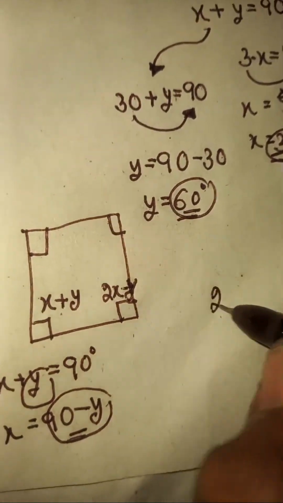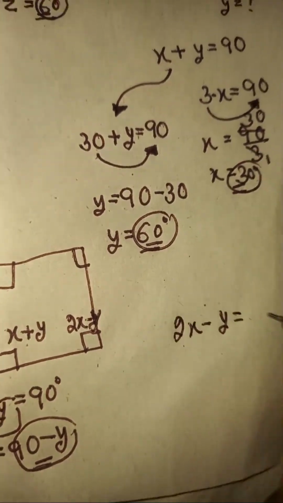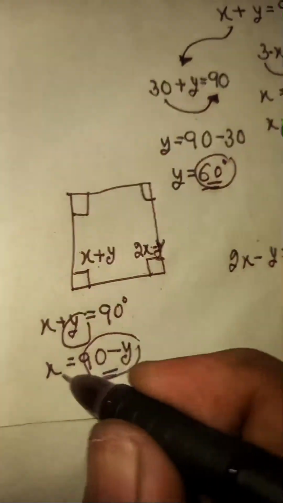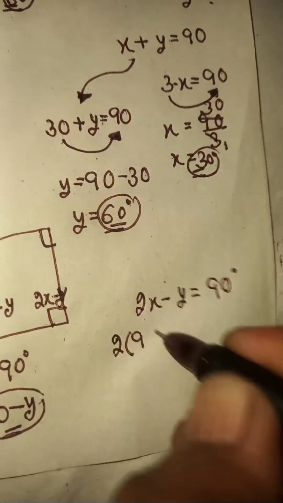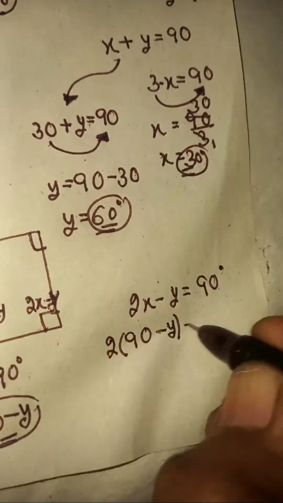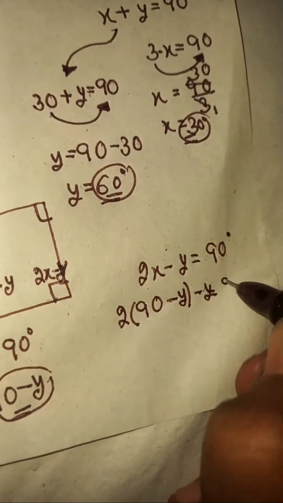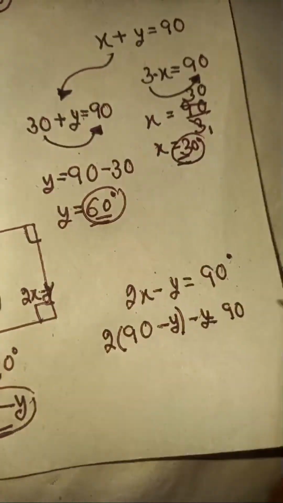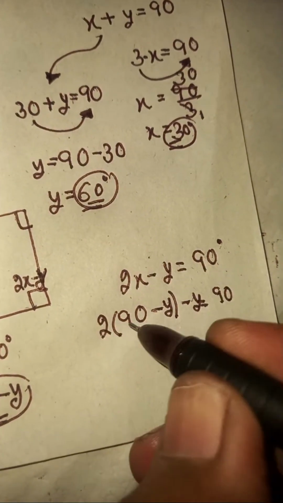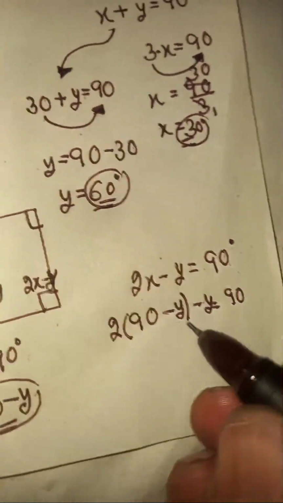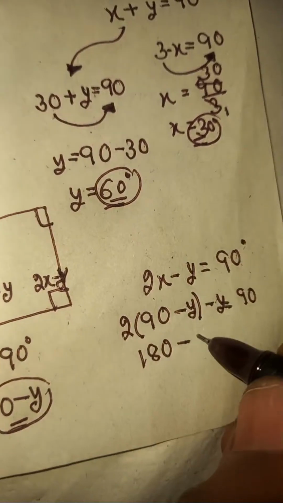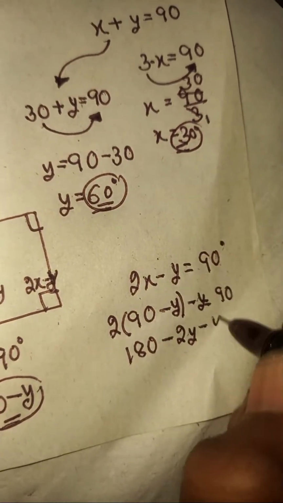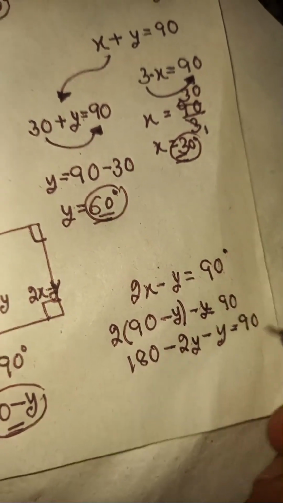And here also take 2x minus y equal to 90 degrees. x you can write as 90 minus y. So it becomes 2 times (90 minus y) equal to 90 degrees. When a bracket is given, you need to multiply both terms by this number. 2 times 90 is 180 and 2 times y is 2y, minus y, equal to 90 degrees.